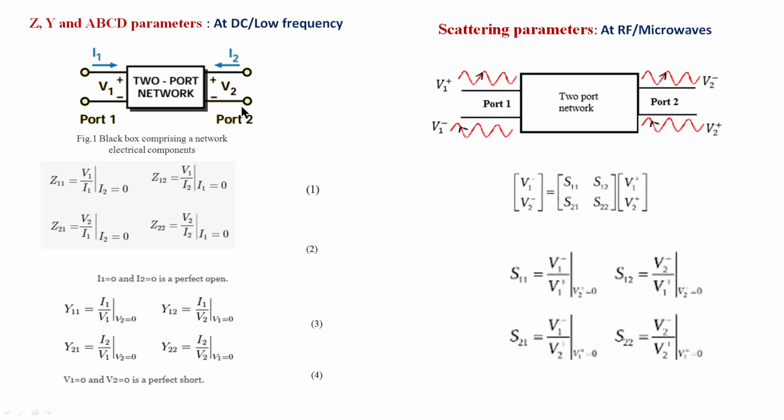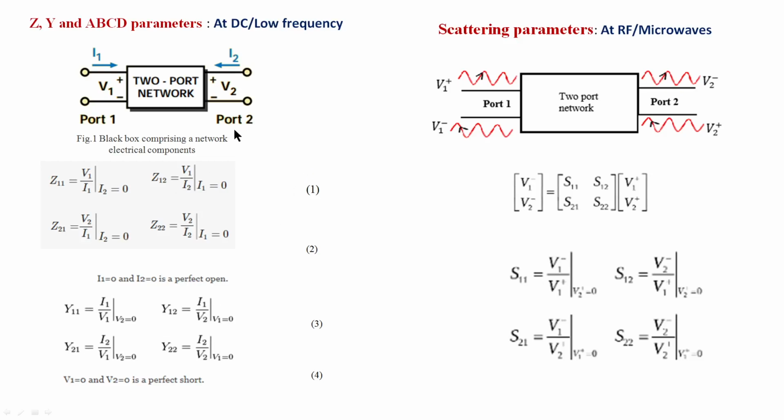But at low frequency, we do not consider the inductor and resistance effect, stray capacitor, stray inductor, and skin effect. Those we do not consider at a low frequency. That's why we can put a short here and measure this Y parameter.